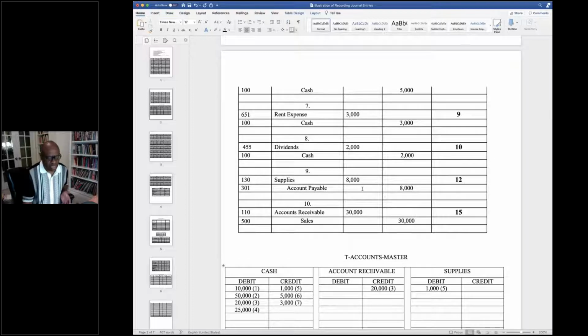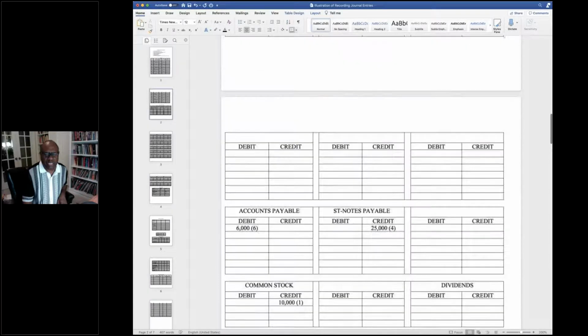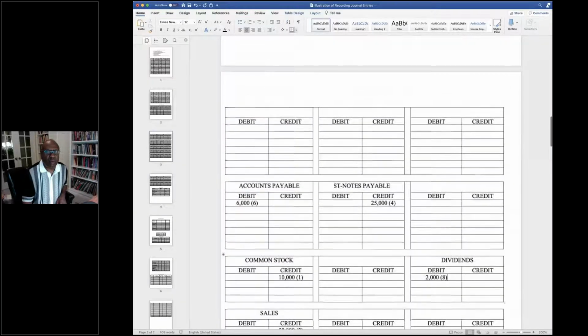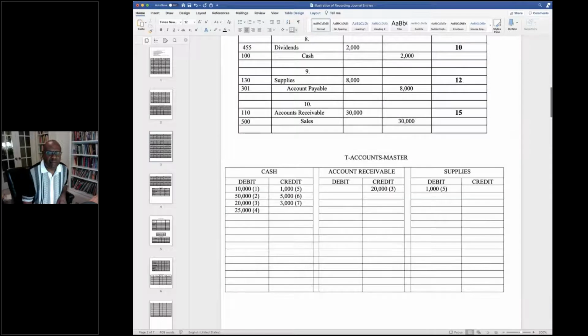So when you invest in a company and get the common stock, this is how you get your payment back. So let's go to the dividends account. And we're going to debit it for $2,000. And we're going to come back to cash and credit it for $2,000.